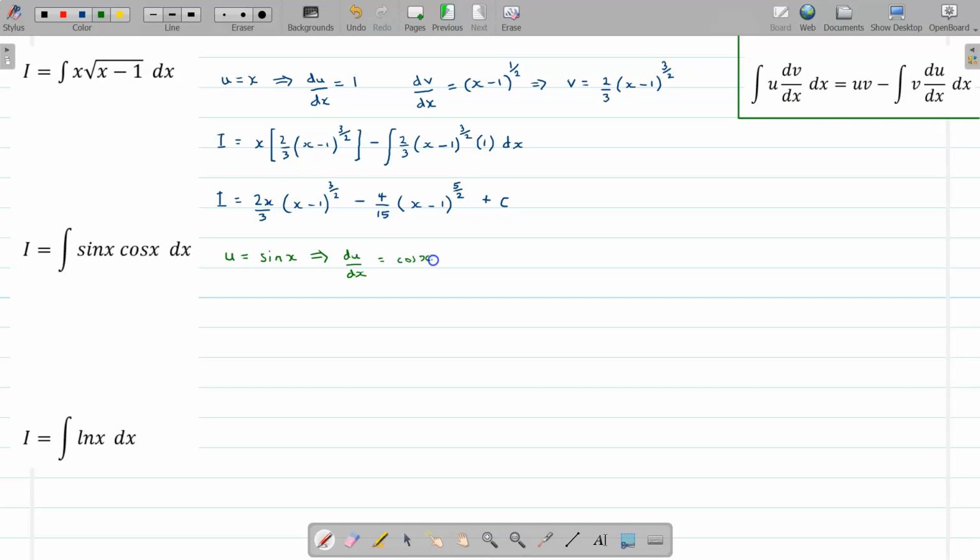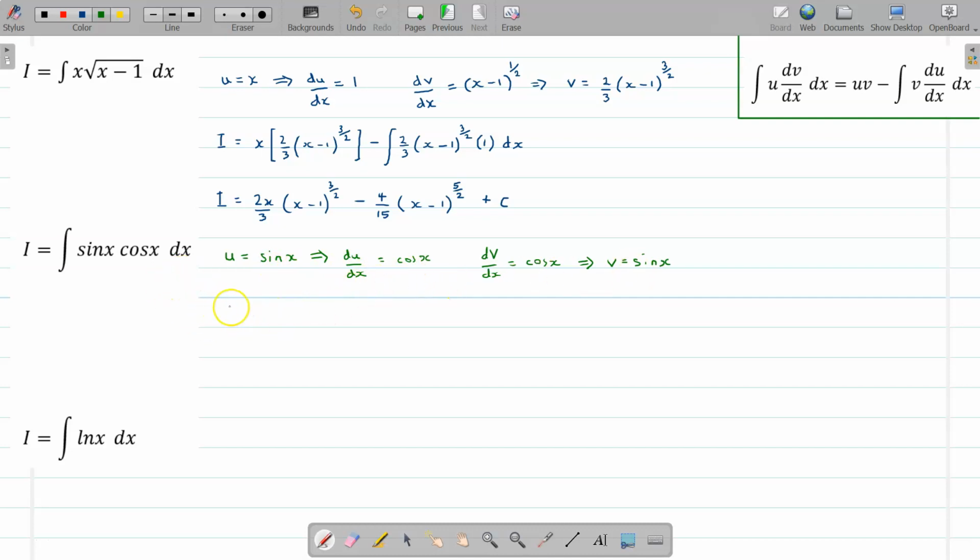And I'm also going to therefore say let dv by dx be the other cos x, the cos x that's already here. So my dv by dx is cos x, which means that my v is actually sine x.